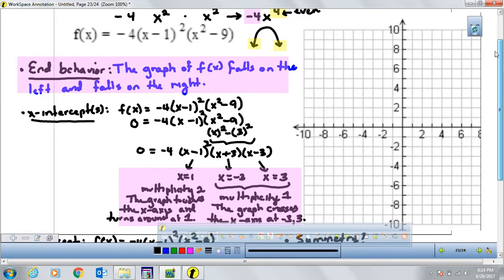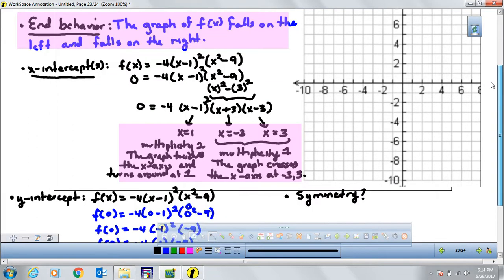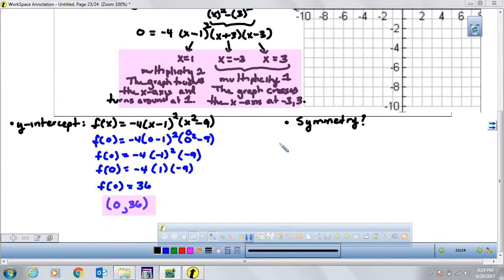So what I would recommend is that we multiply all of these factors back together and then do the negative x test. So (x minus 1) squared means (x minus 1) times (x minus 1), and whatever we get from that, we're going to multiply it by (x squared minus 9) and then times negative 4.